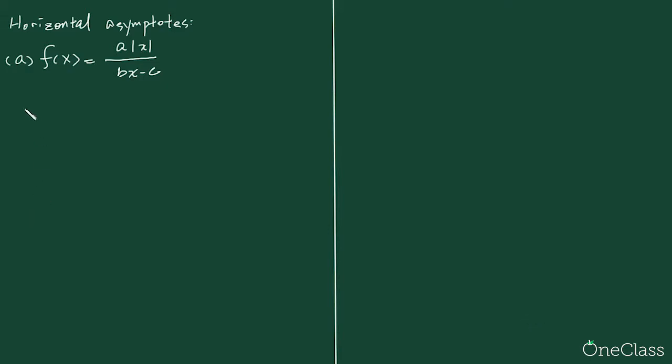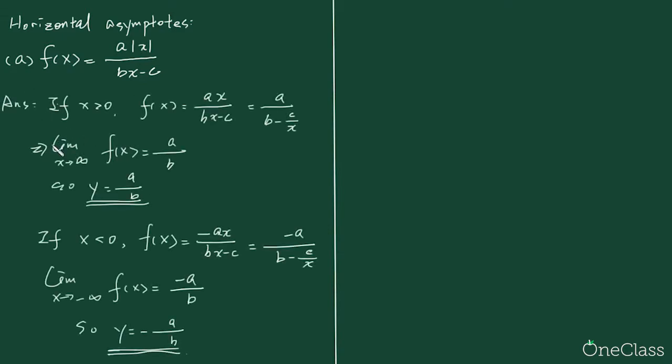So the first example is f of x equal to a times the absolute value of x over bx minus c. If you remember, I said that when you see the absolute value, you have to discuss when x is greater than 0 and also x less than 0. So for this question, we have to discuss. First, if x is greater than 0, the f of x can be simplified.